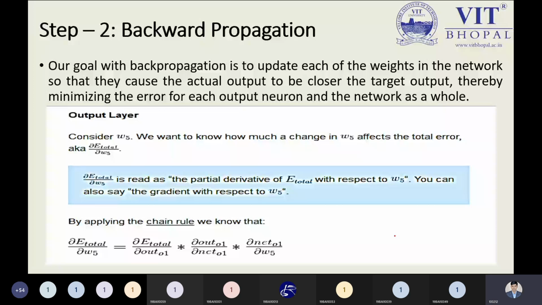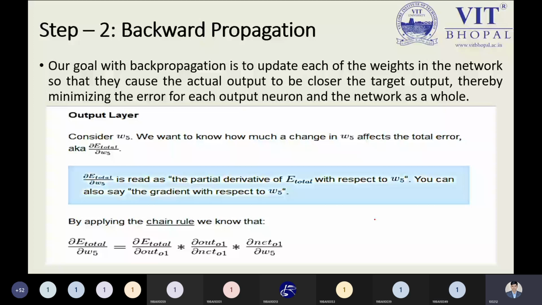Can anyone tell me? No, actually, we have to use the chain rule.